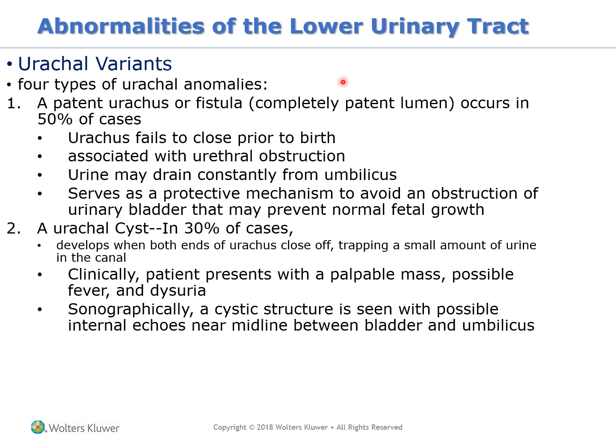A urachal cyst develops when both ends of the urachus close off, with urine trapped in the center of the urachus. So in this particular case, you would find a cystic structure somewhere along the length of that urachal fibrosis.